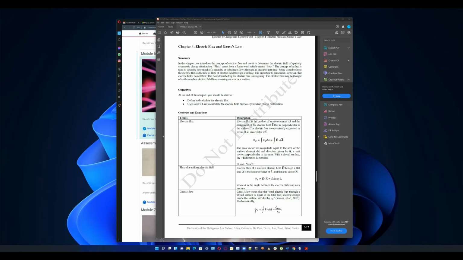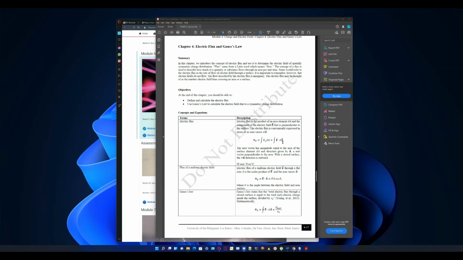And when you use a Gaussian surface, it's very easy to compute this flux. If you use a sphere, you can get the flux more easily because you know the integral. If it's a sphere, your dA is always perpendicular to E. Then you know how to compute the integral of dA, which is just the surface area of the sphere, because you used a sphere.